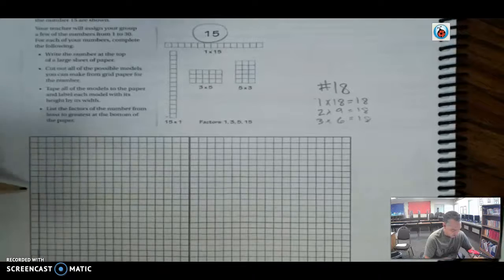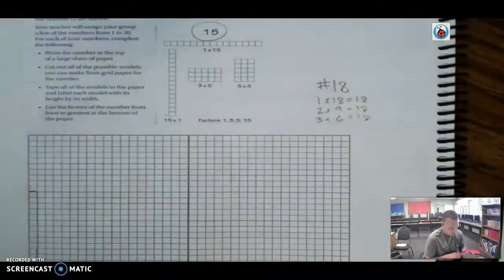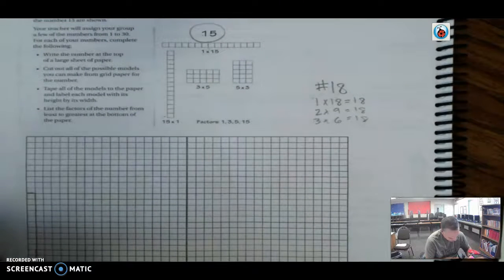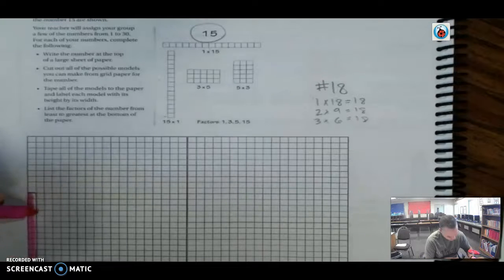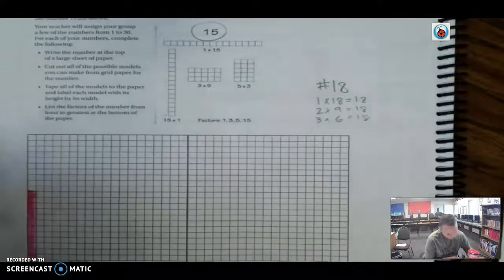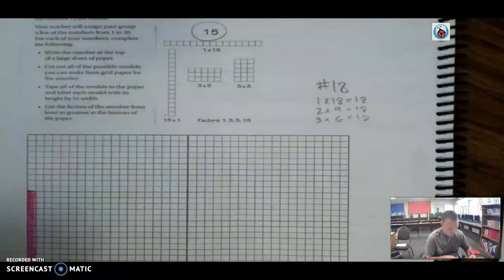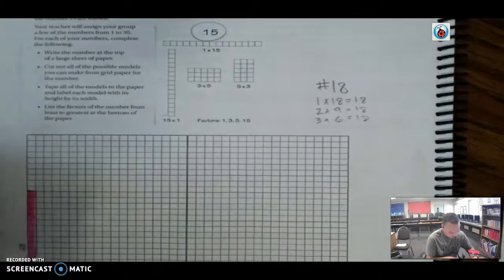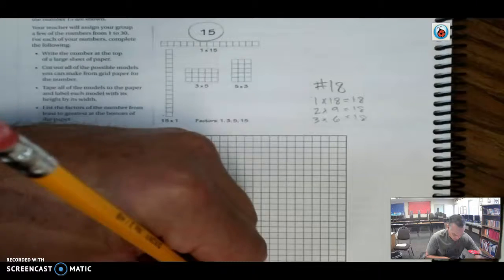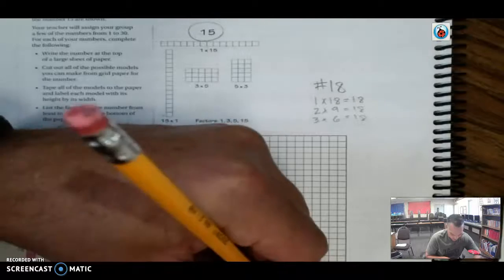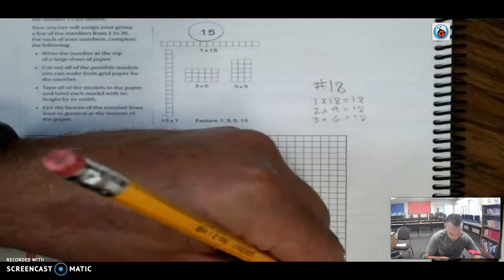And I'm going to use a highlighter just to make it easier to see. Okay, so this is going to be a 1 by 18. And over here, 6, 7, 8, 9, 10, 11, 12, 13, 14, 18.